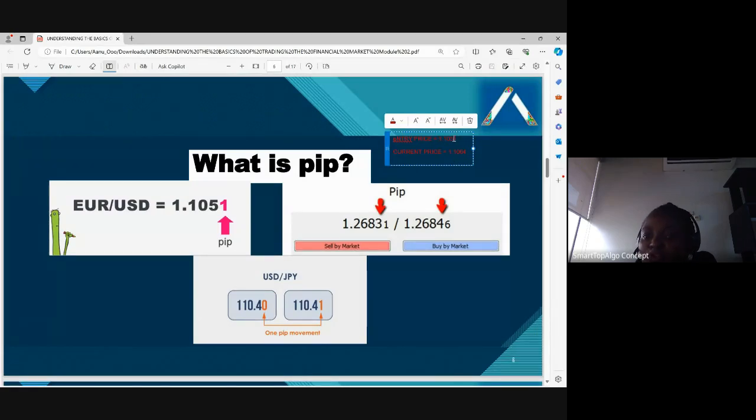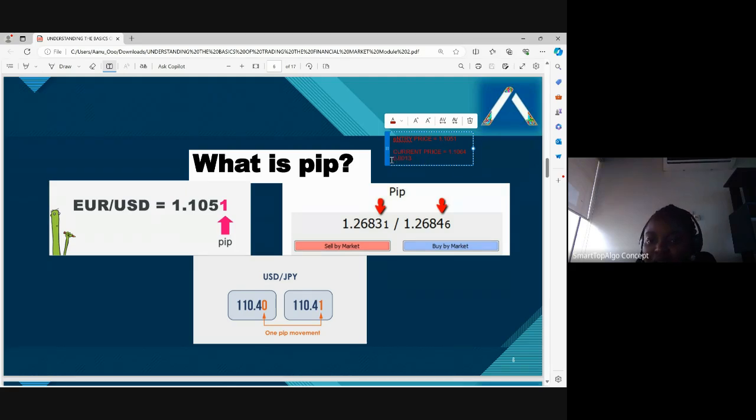Now, to be able to know, all you need to do is a subtraction. What is the difference between these two prices? So if we look at it, the difference is, am I correct?